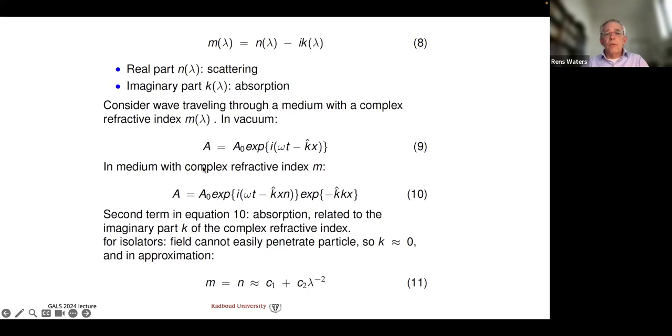But then if you go into the medium, so into the dust particle with this complex refractive index m, you can show that the amplitude of the wave and the time variation of the wave as it propagates changes into this equation here, where there's an extra exponential term introduced.